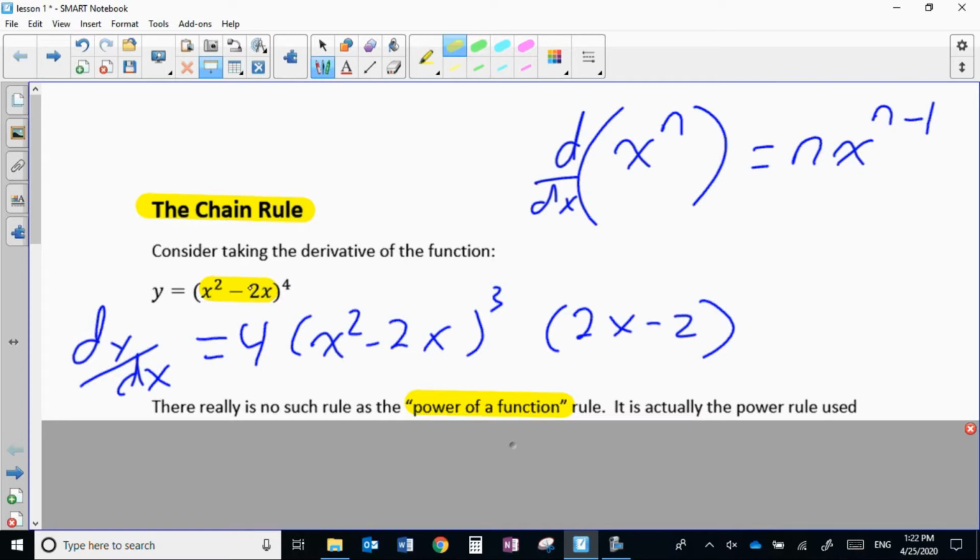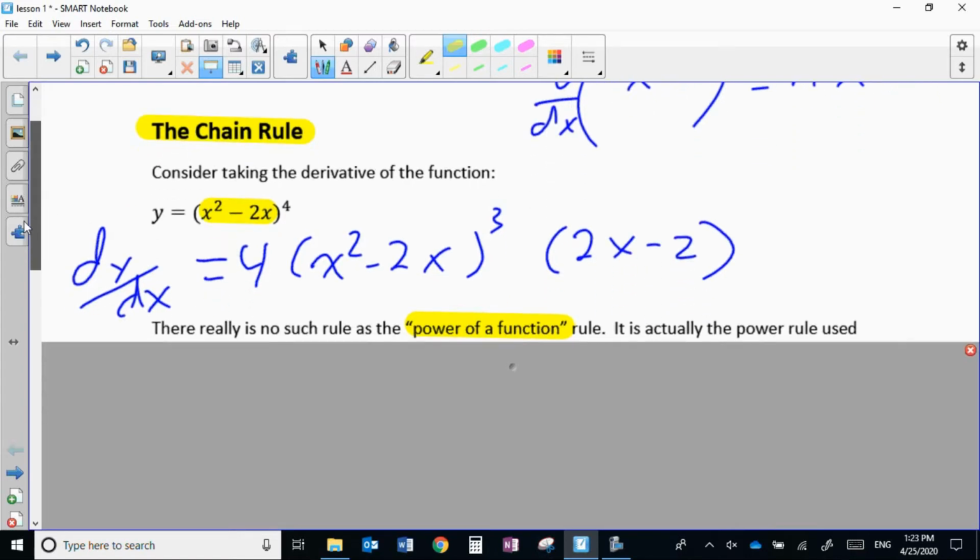So in a way, this is a function within a function. We have a power, but the base of the power is some other function, in which case we multiply its derivative as well. And that actually applies to any rule for differentiation, not just power rules. So let me give you a few examples. I'll introduce the chain rule, and then we'll see what I mean here.